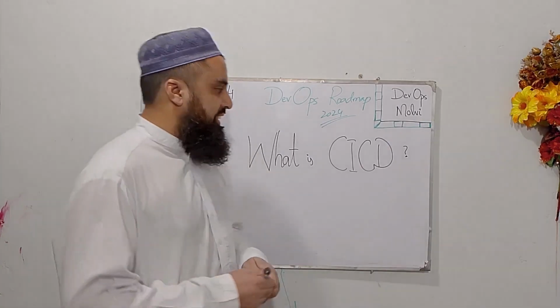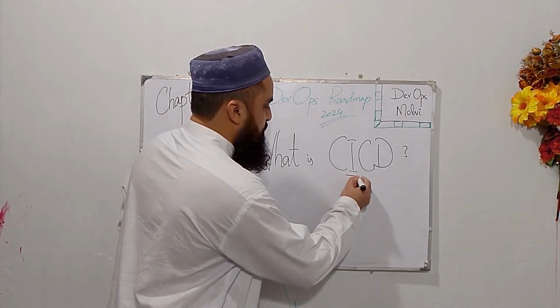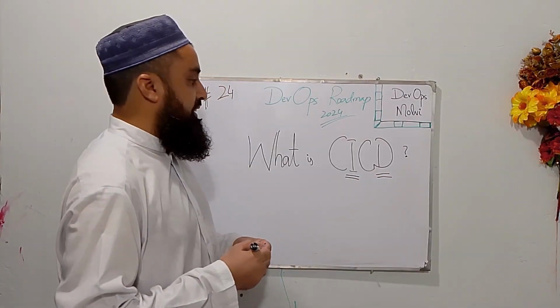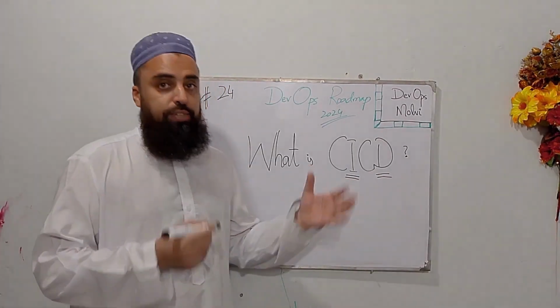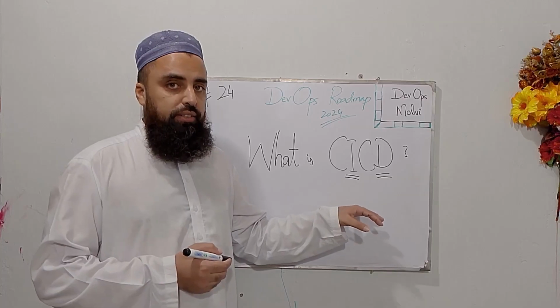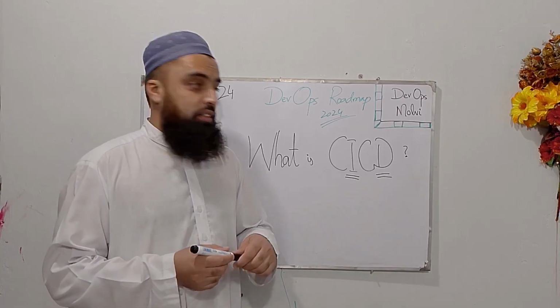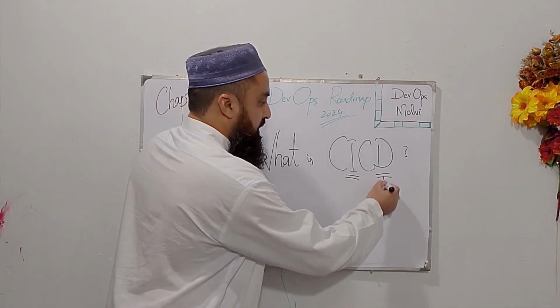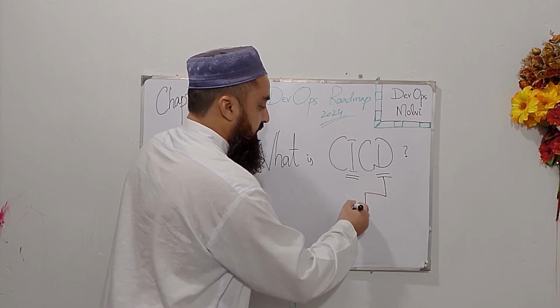Alright guys, CI/CD is actually divided into two sections. CI is different and CD is different. CI stands for continuous integration and CD stands for continuous deployment or continuous delivery.